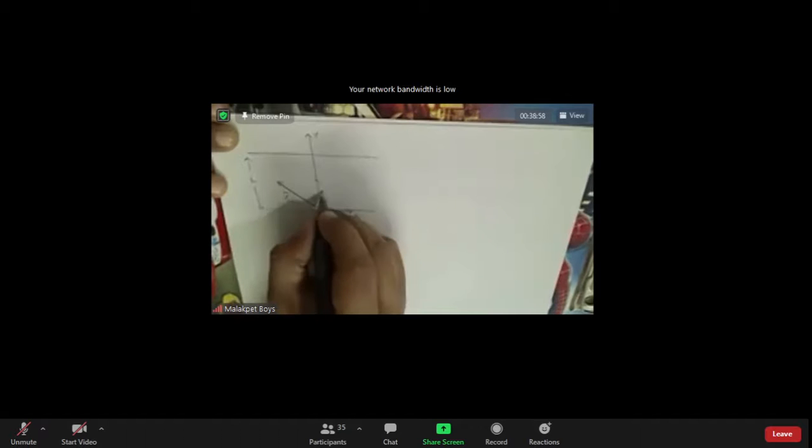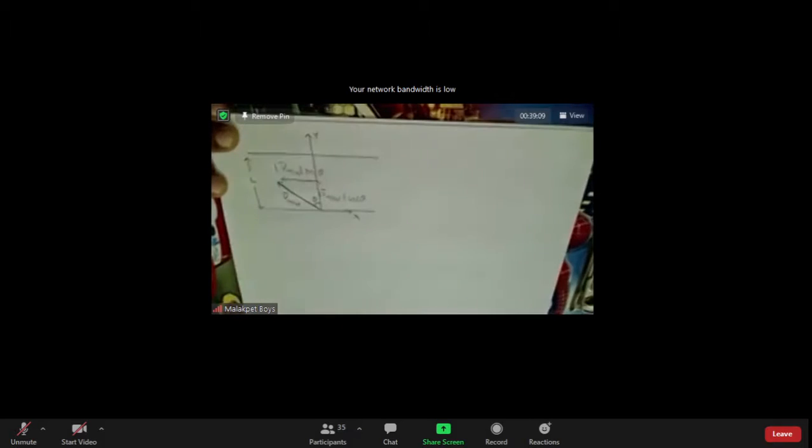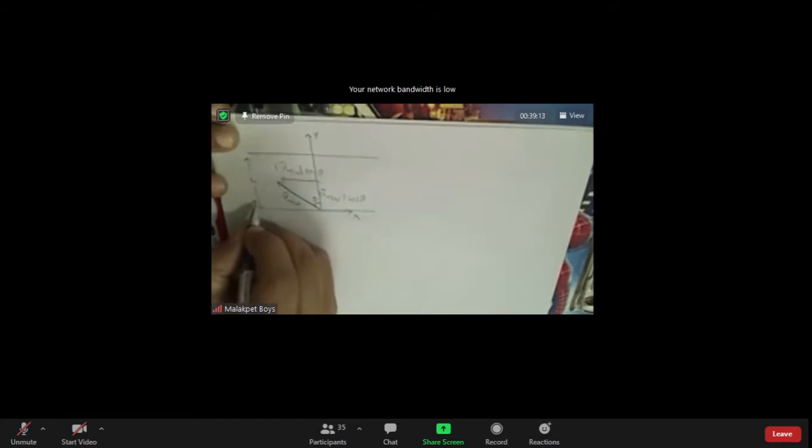Components: VMW cos theta, this is VMW sin theta. This is the velocity of river flow.